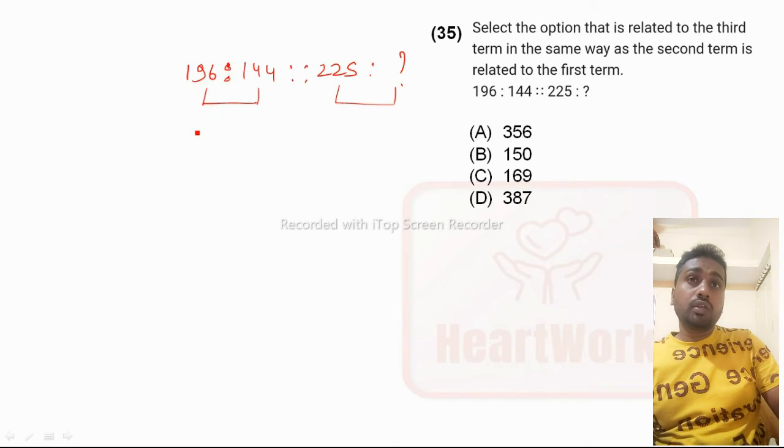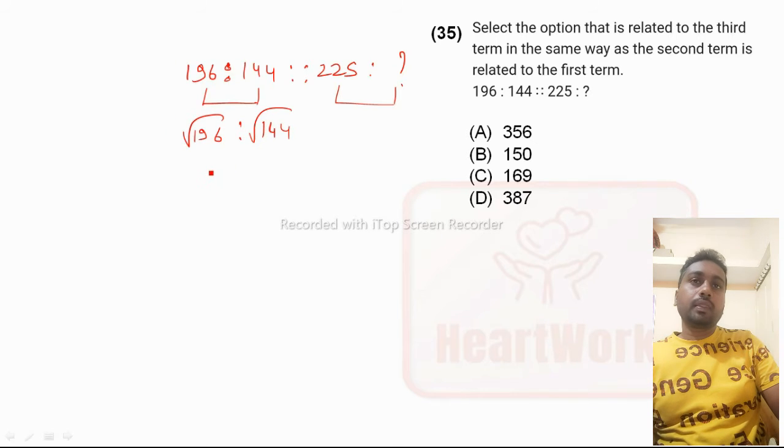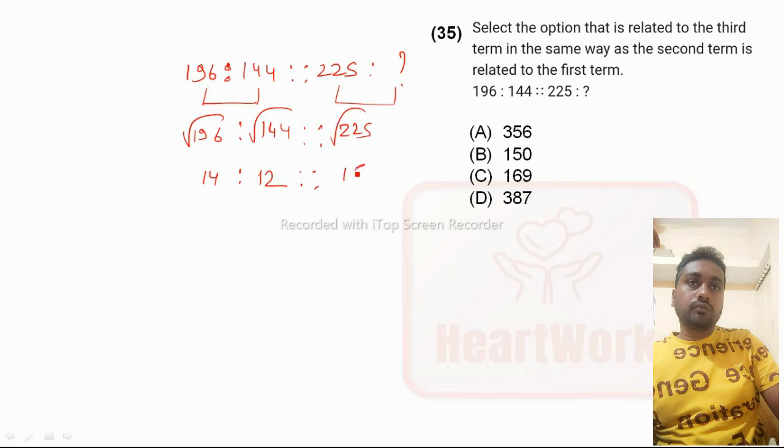If you take the square root of 196 and the square root of 144, how much will it come? This is 14 and this is 12. Likewise, the square root of 225 will come 15.